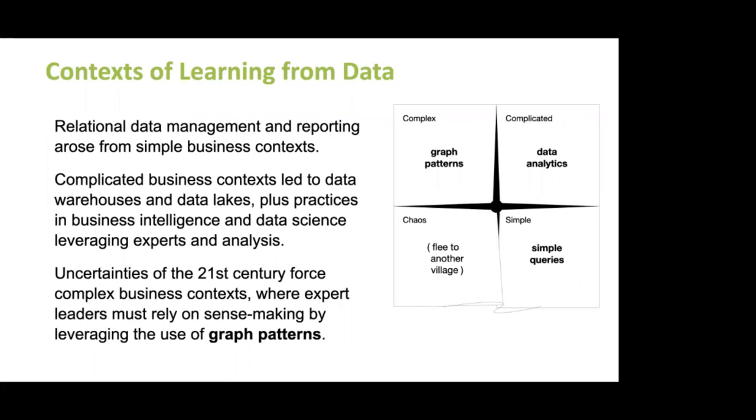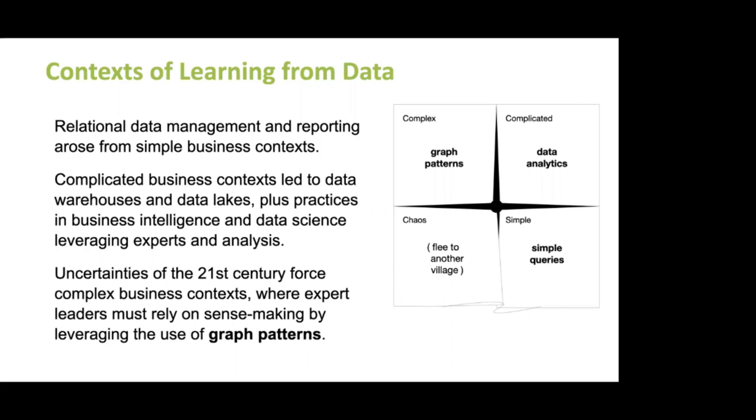So you can see that there are parallels between a simple kind of context and how novices approach a new subject, versus going out into a complex understanding, leveraging emergent patterns of how experts work. And if you align these, you basically come out with novices working with simple queries, practitioners working with analysis and planning, more complicated, and graph patterns being what happens when people get to more of an expert level.